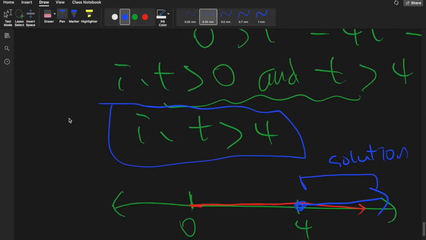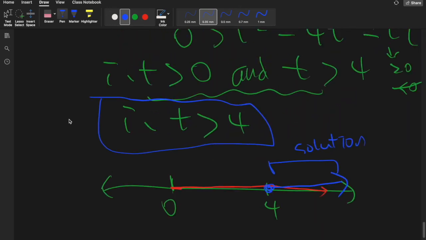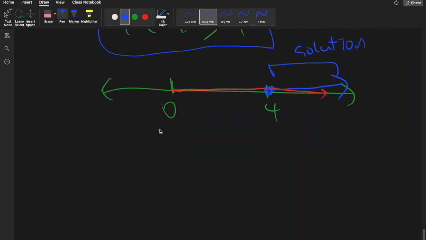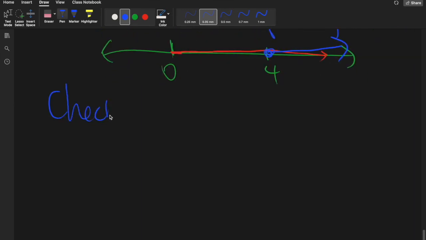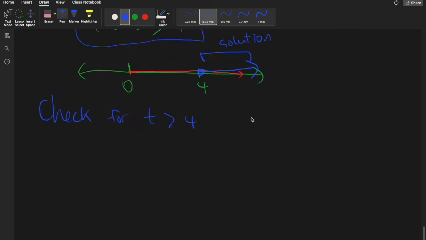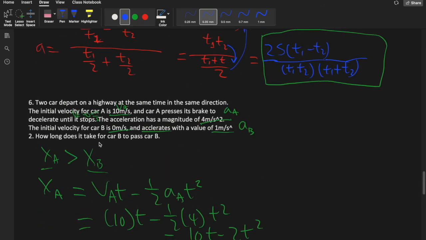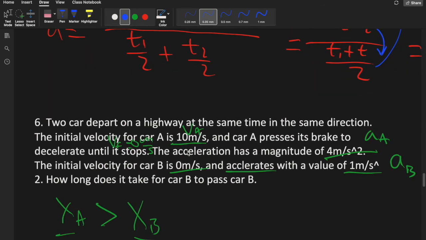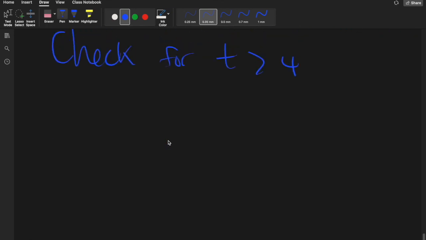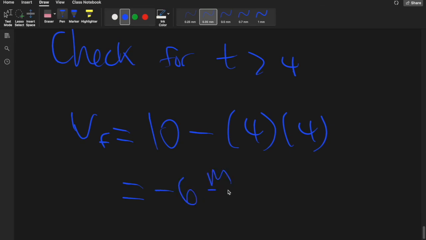So let's check the answer. Let me just roll it here. If t is greater than 4, what is the velocity here? So Vf will be equal to 0 minus acceleration 4 times 4, which is equal to negative 16 meters per second.